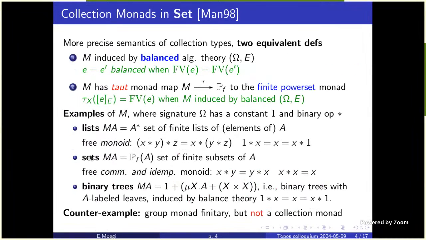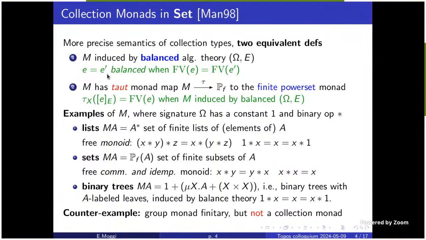Now I will introduce the two equivalent definitions of collection monads proposed by Ernest Manes. The first characterization is equational. A collection monad is just the finitary monad induced by a particular type of algebraic theories that are called balanced.